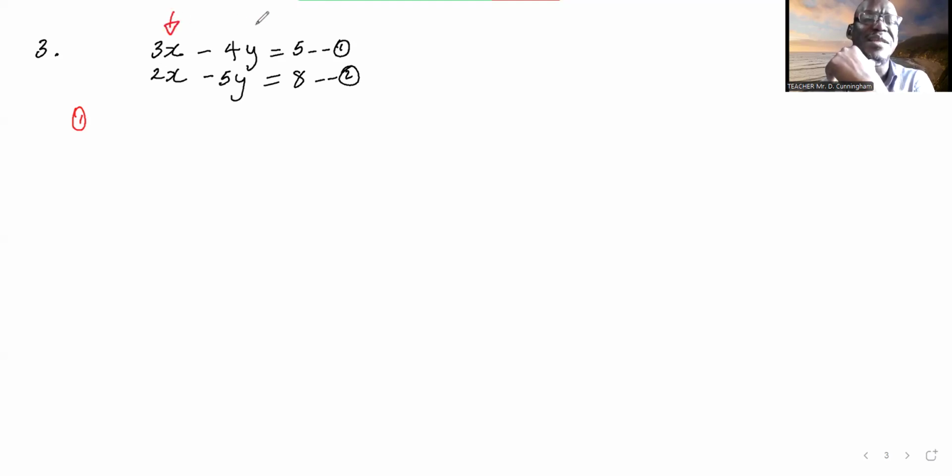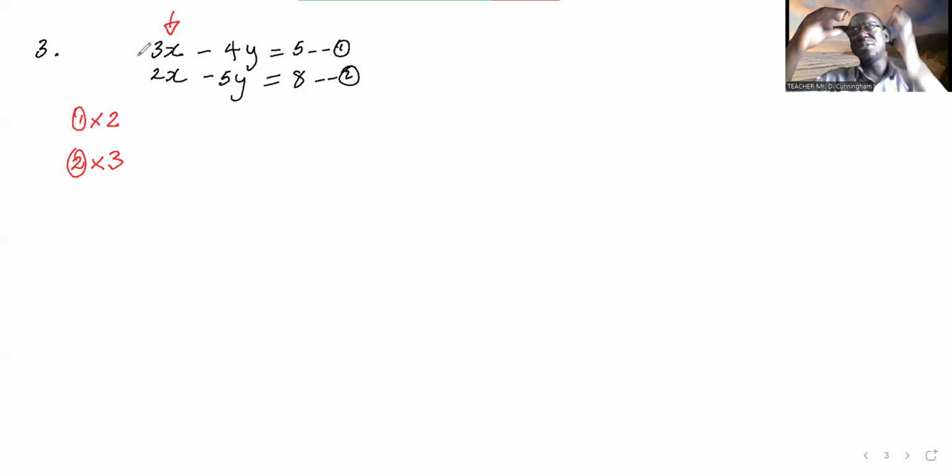I could have dealt with the y's. And then I'm going to multiply equation 2 by 3. So it's just the opposite. Whatever is at the top, you multiply by the bottom. Whatever is at the bottom, you multiply by what's at the top. It's that easy. There are little things you need to look at in math to remind you.